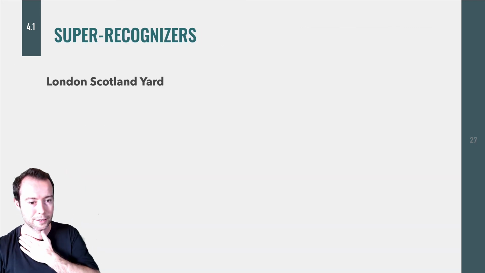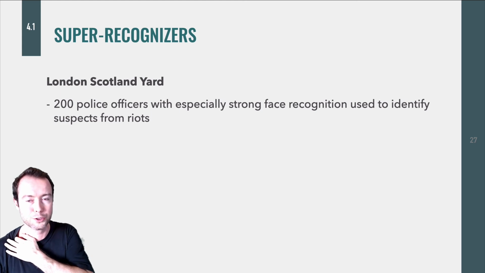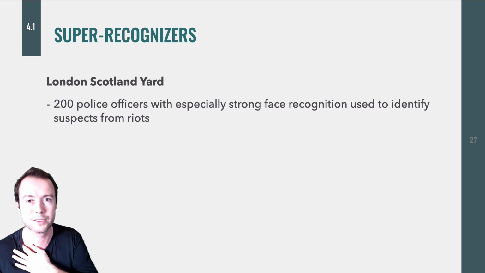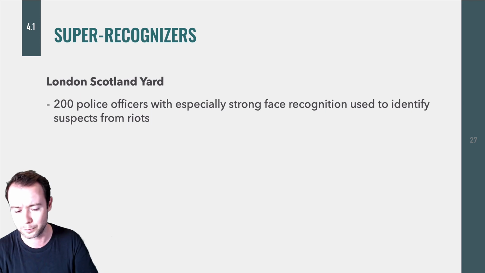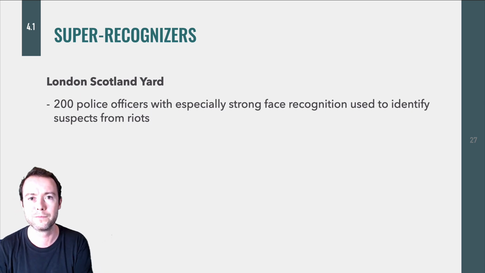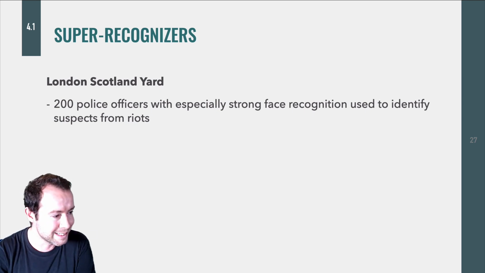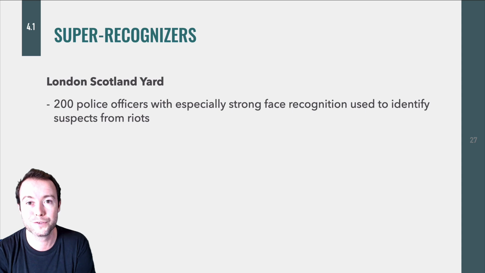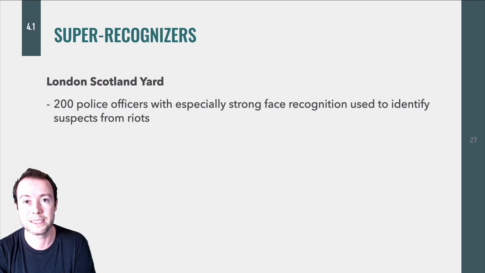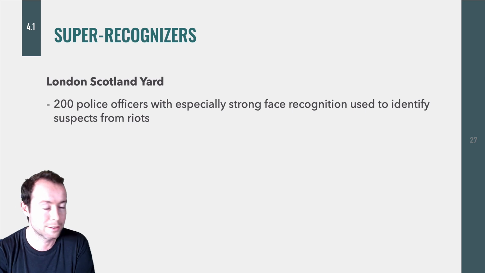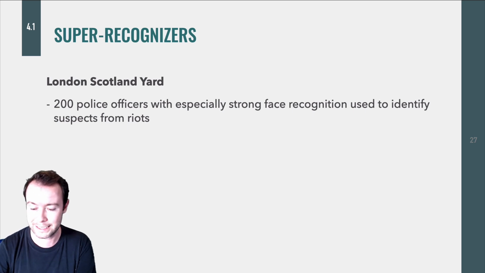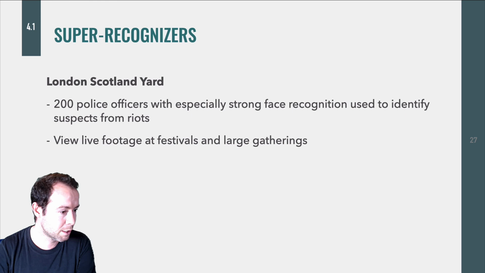So what are the applications of super recognizers? We've already seen that this can be really useful for police forces. Finding officers that have incredibly good facial recognition abilities, it's probably useful to deploy them for watching CCTV footage or attending riots to identify suspects.